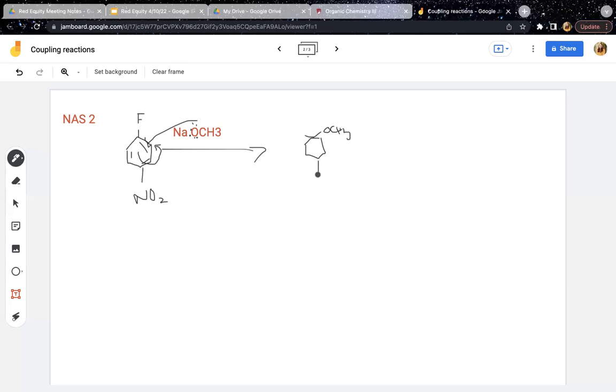And you still have your NO2 down here, but I'm just not going to write it right now. And then there are 2 lone pairs right here that are going to react down here, and those come down there. It goes through this whole process of electron rearrangement, and you end up with this. So this is the addition step. I'll finish the reaction.